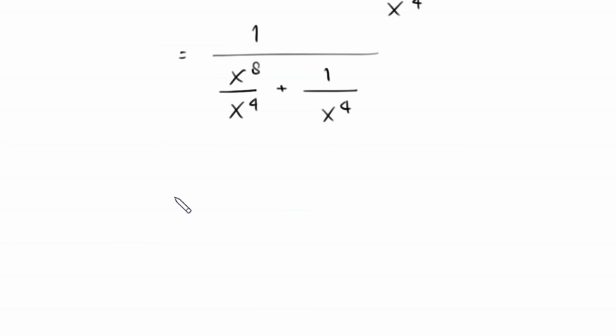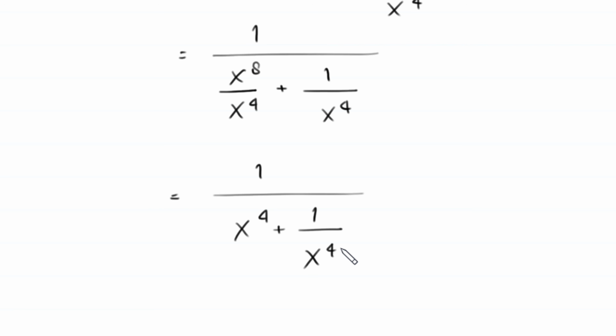Further simplify, this will become 1 divided by, this x to the power 8 divided by x to the power 4 will become x to the power 4, plus this 1 over x to the power 4.